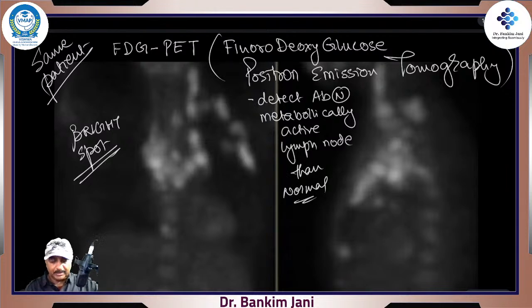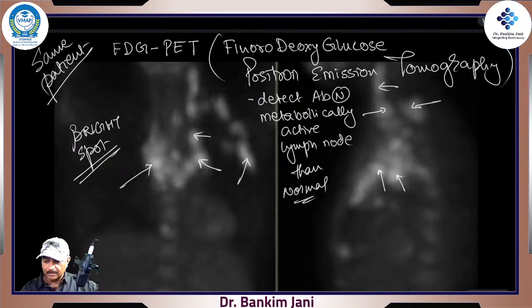So can you really identify bright spots? See, not one, but many, as compared to the surroundings. You will find bright spots, correct? These are typical bright spots as compared to surroundings.